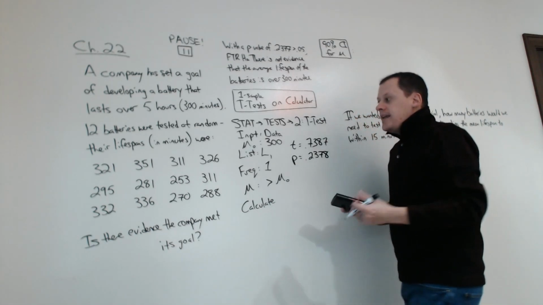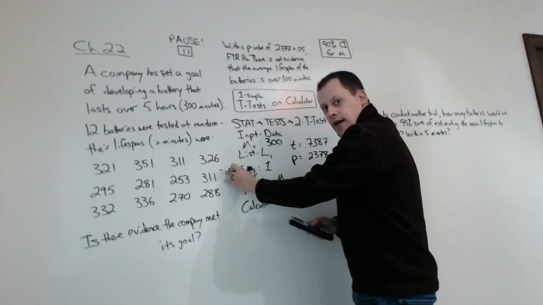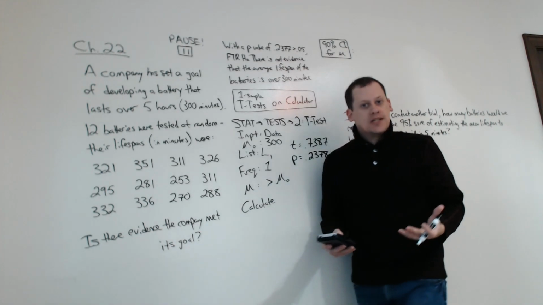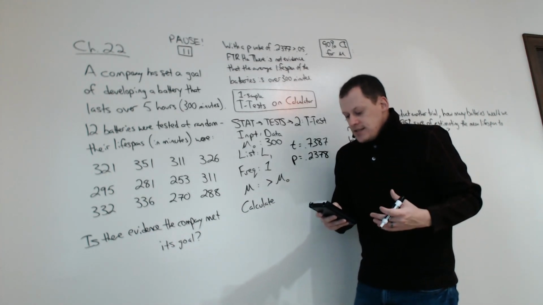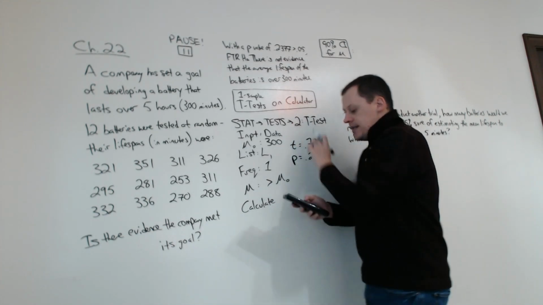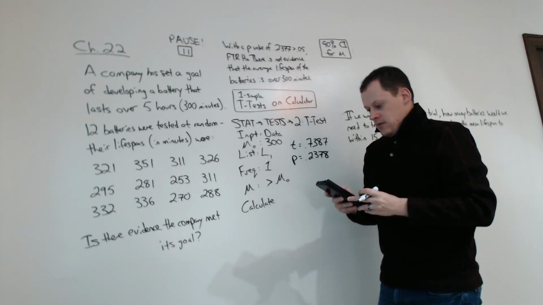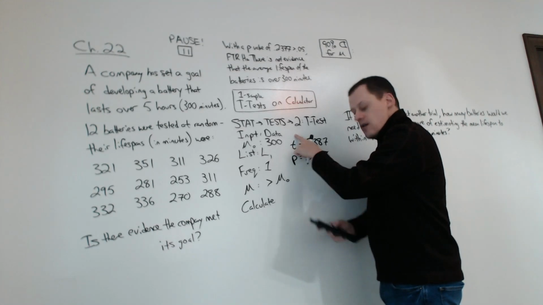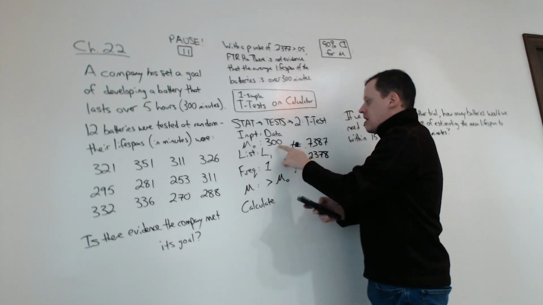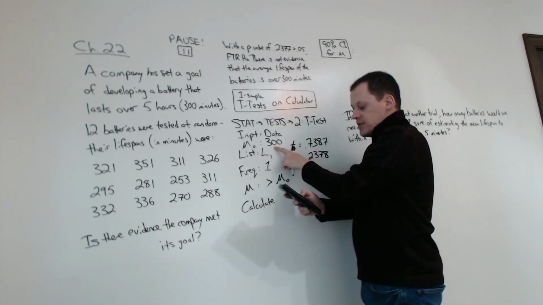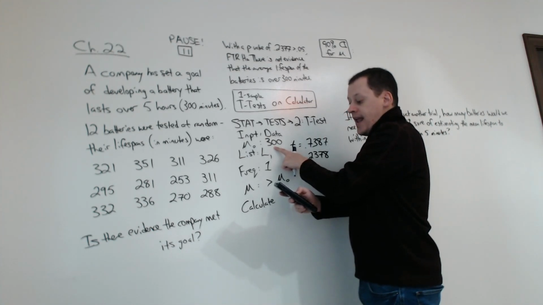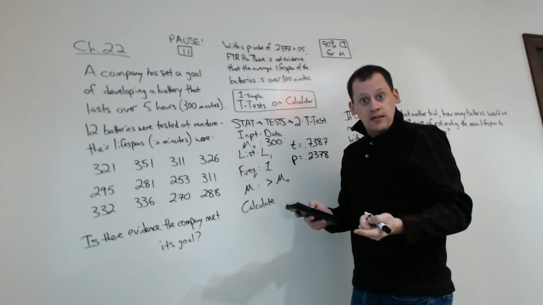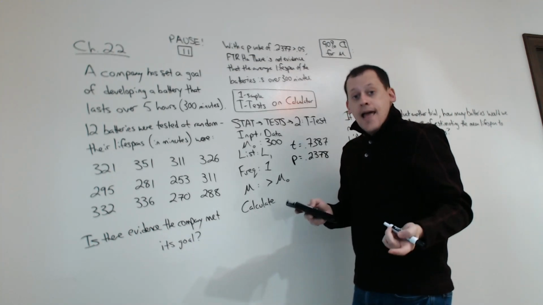Okay? But what if you didn't have all the data values here? What if you're given an example and all you're given is the sample mean and sample standard deviation? You can still use t-test, but if you highlight stats instead of data here, it needs to know the value of mu naught, which would still be 300, and then it asks for x bar, Sx, which is the standard deviation of the data set, and n.